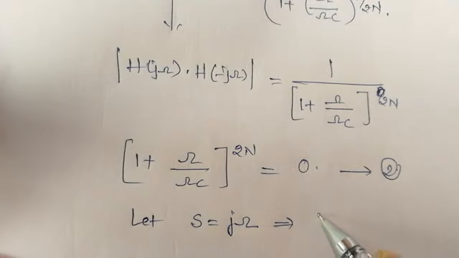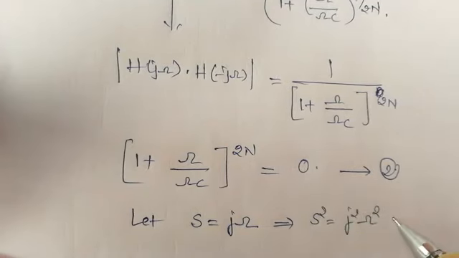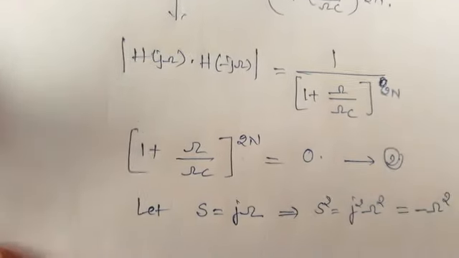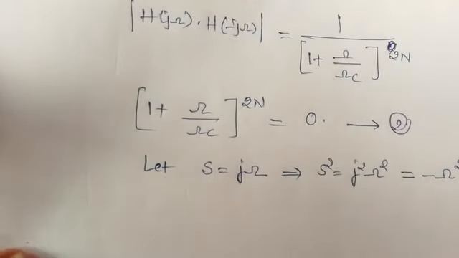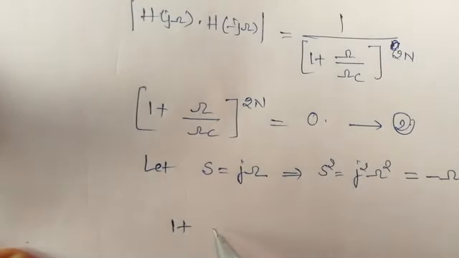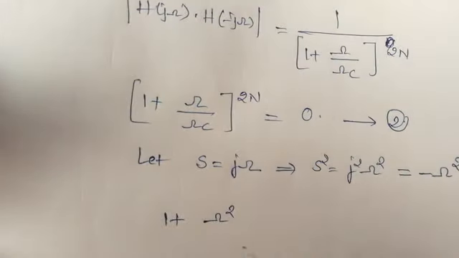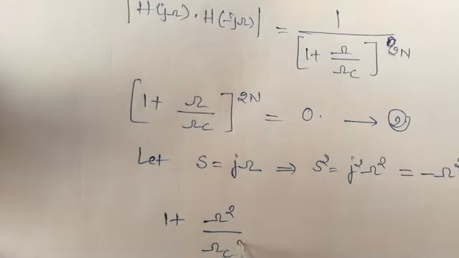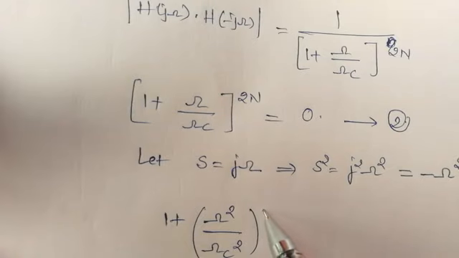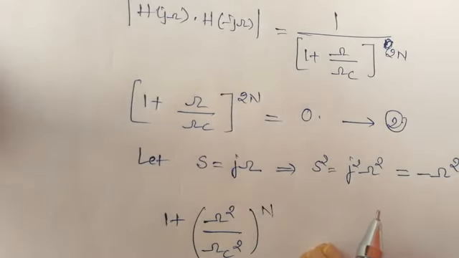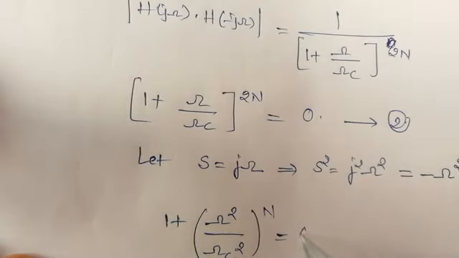If you square this, we get s² equal to j²ω², and j² means minus 1, so it becomes -ω². Hence equation 2 we can write as 1 plus (ω²/ωc²) to the power n, that is equal to 0.